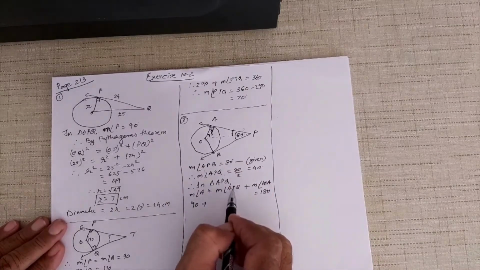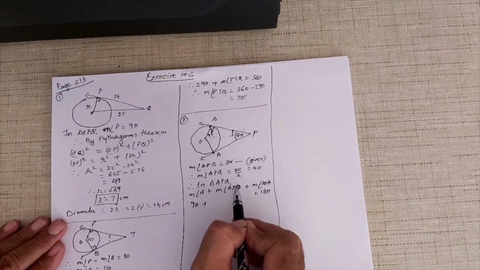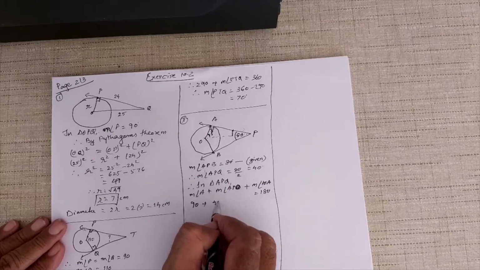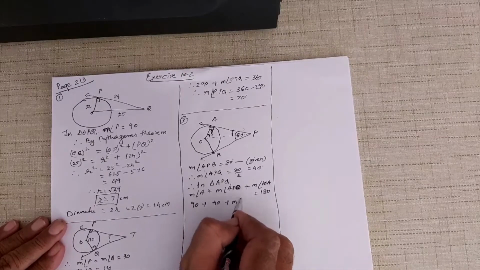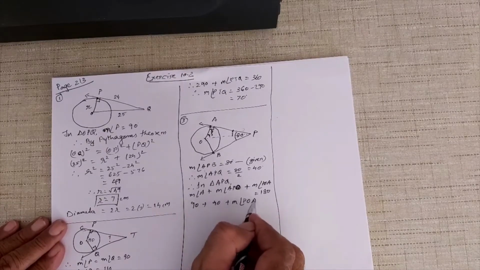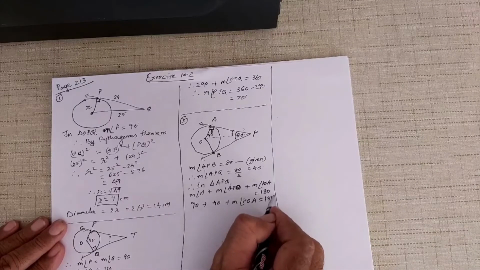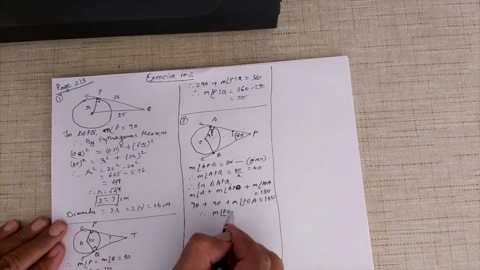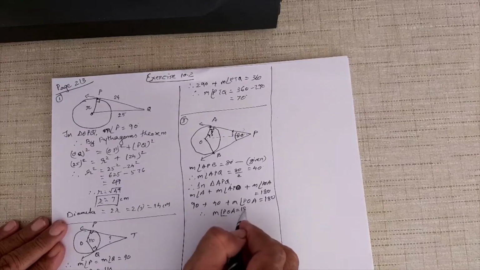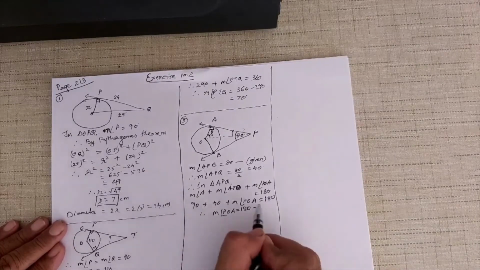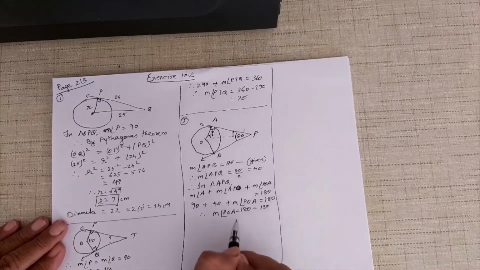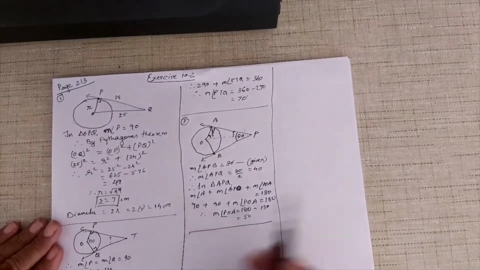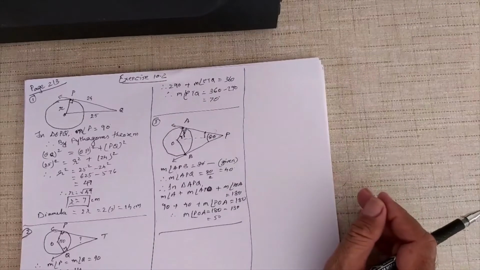Angle APO is 40 degrees. Plus the measure of angle POA is 180 degrees. If you subtract it, the measure of angle POA is 180 minus 130, and that is equal to 50 degrees. So this angle will be 50 degrees. All right, that is question number 3.